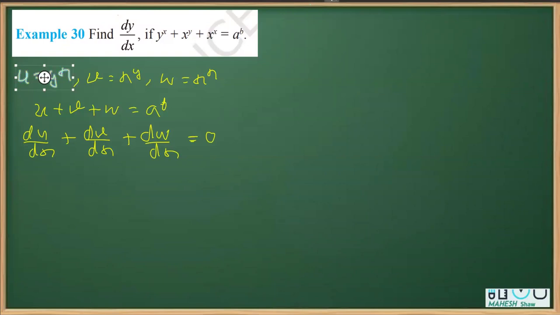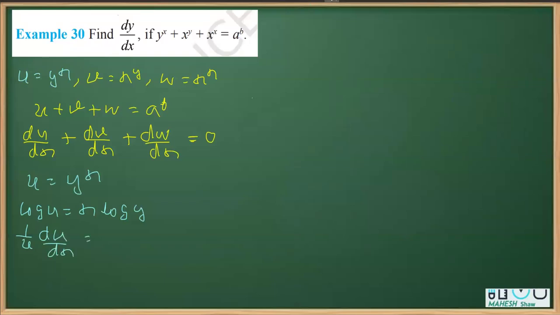That is, u is equal to y raised to the power x. Now clearly we'll be applying log here. So log u is equal to x log y. Now applying differentiation with respect to x, for log u it's 1 by u, and for u it is du by dx, equal to, and we are applying the product rule here.